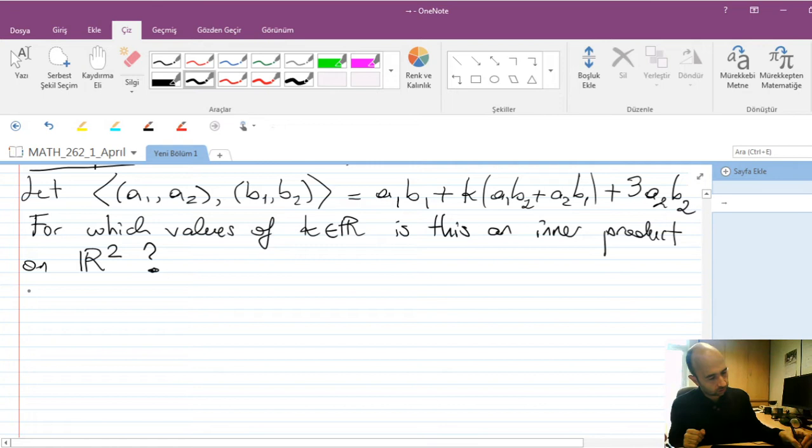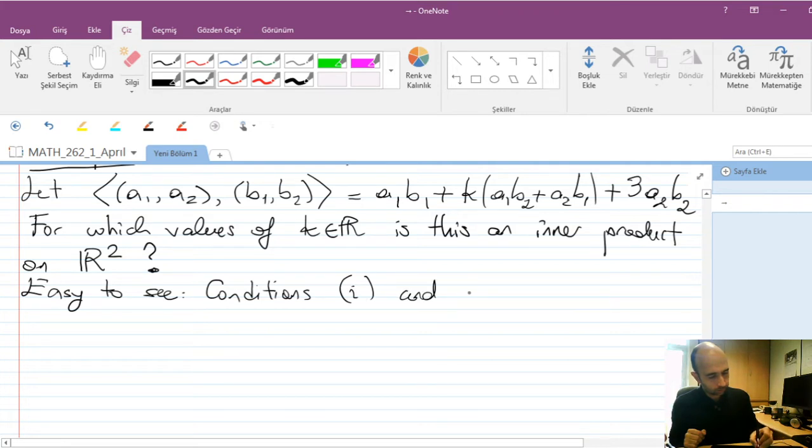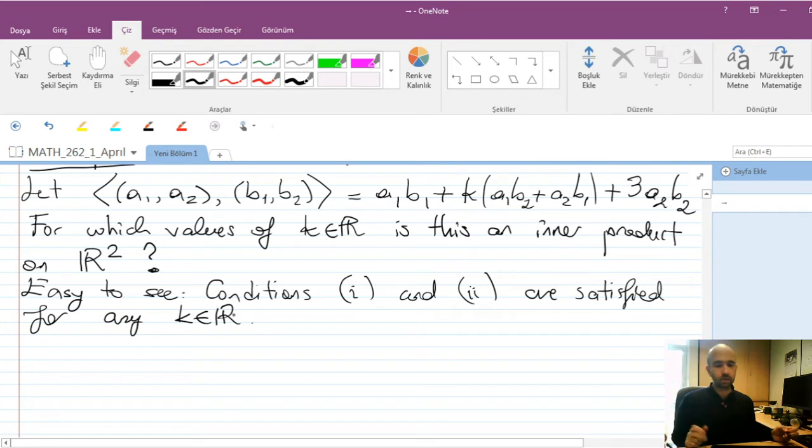So it's easy to see that conditions 1 and 2 for being an inner product are satisfied for any k. We just write linearity down, it works out. Let me not spend time with that.